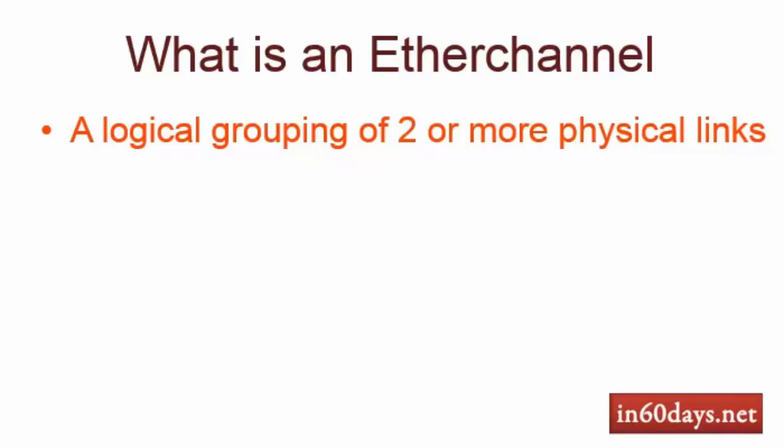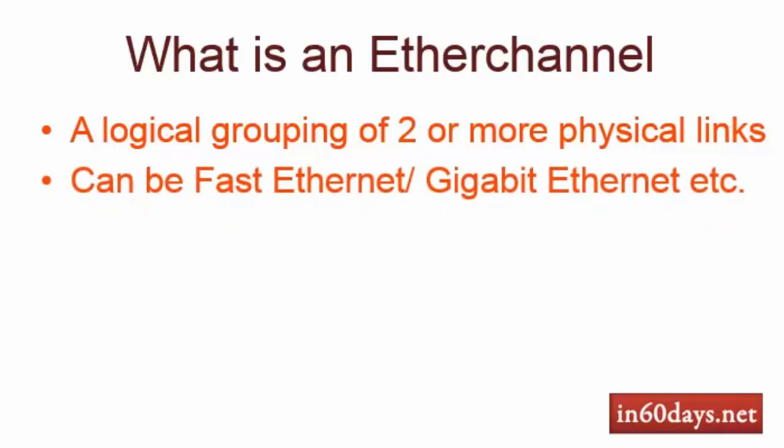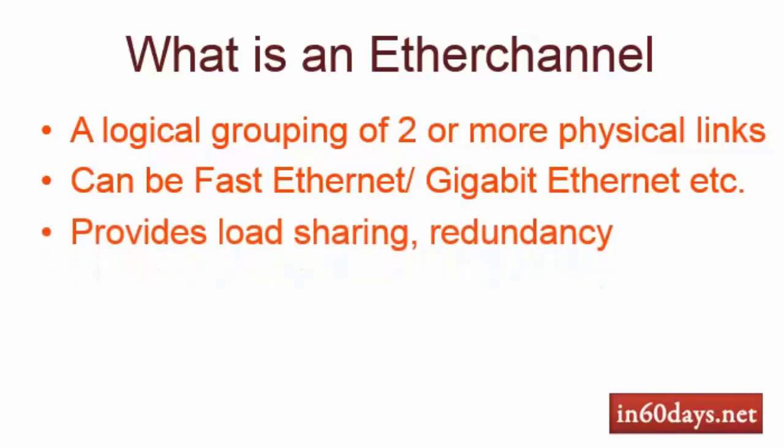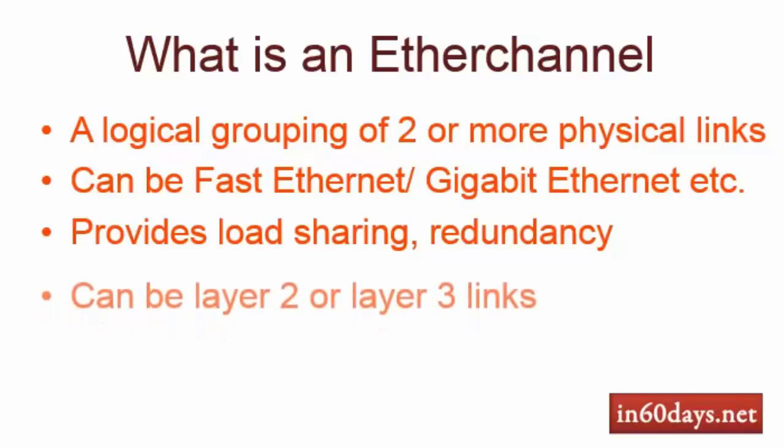It is the main benefit. You can create ether channels out of fast Ethernet or gigabit Ethernet interfaces. Also very useful for redundancy, and even though you've got, say for example, 4 physical links and 1 ether channel created, it allows the traffic to be load shared over all 4 links.